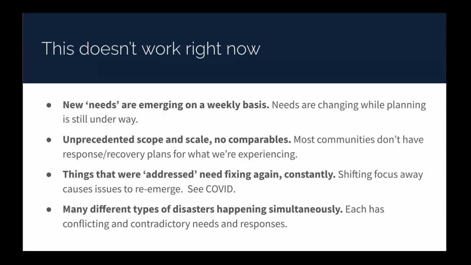COVID outbreaks go away and then come back unpredictably, or unemployment goes away unpredictably, like we've seen in the last couple of weeks, or unemployment insurance. So, this top-down just isn't really working for the scale of change that we're seeing right now.